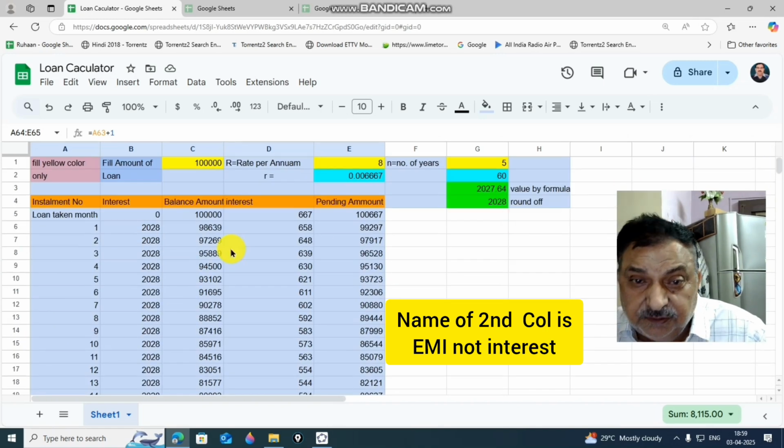See here again, we can check any values, and in 60 installments all the loan will be cut off and it will become 0. We have proved it manually and by an EMI calculator, and the calculator we have made ourselves.